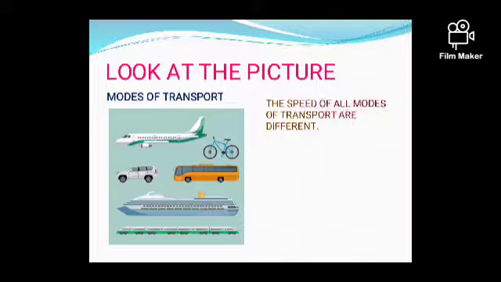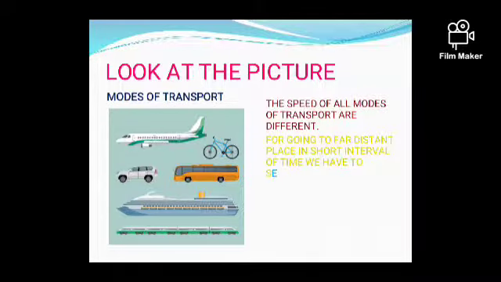The speed of all the different modes is different. If you are going to a far distant place, then you have to select the best mode of transport. In villages or in cities the modes of transport are different, so you have to select the best mode of transport for your kind of journey.